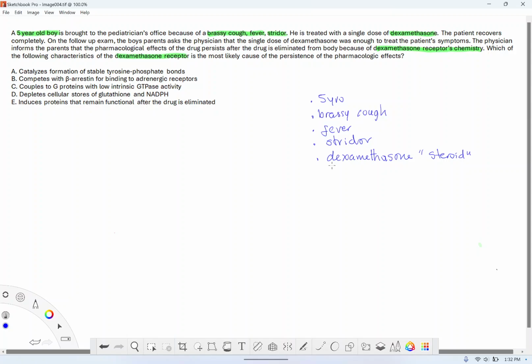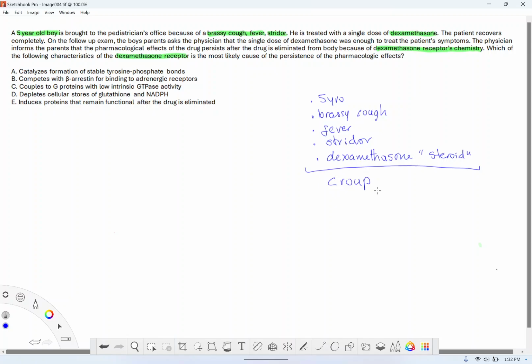Okay. So when I see this clinical scenario, all I have to change is the question: what's your diagnosis? You should know the diagnosis in this case is croup. Croup is laryngotracheobronchitis. It's inflammation of the trachea, the larynx, and the bronchi.